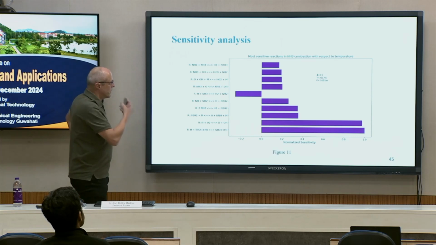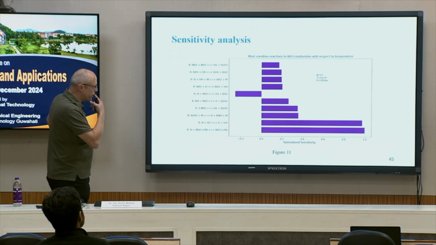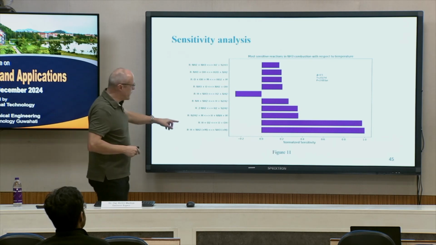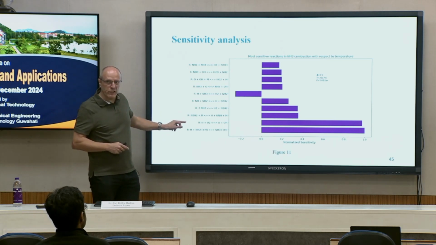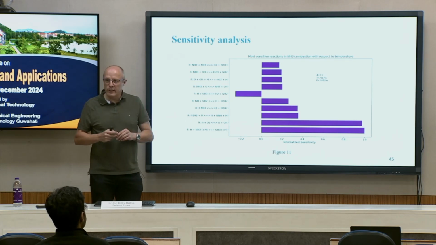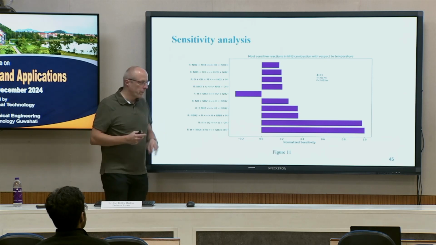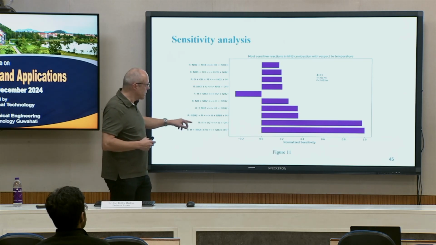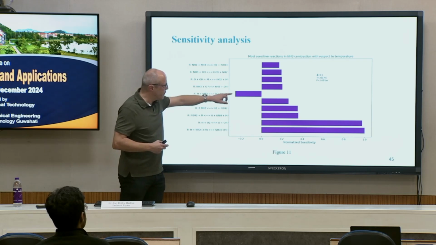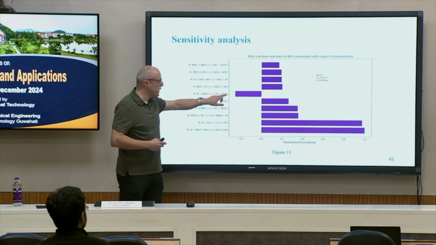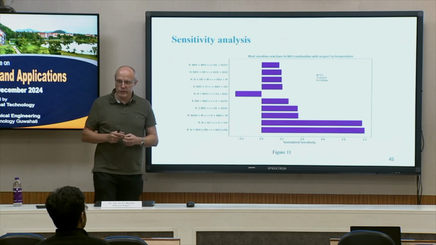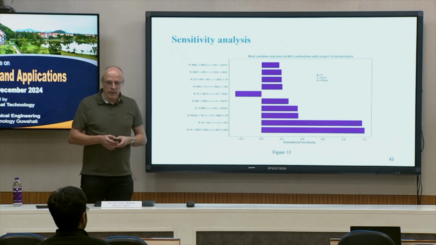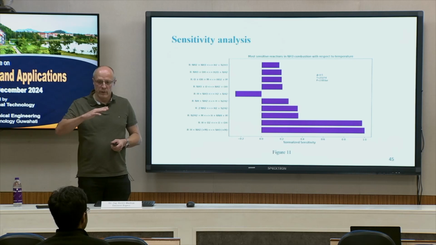And if it's positive here, so if we increase the reaction rate of this equation, it decreases our ignition delay time. So that's a tool to examine more or less the reaction mechanism.